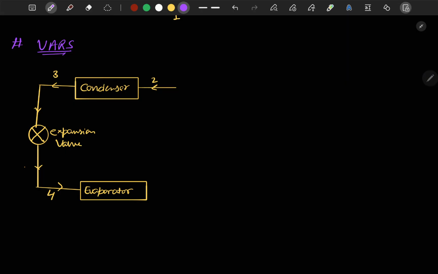Let me draw the new components that are installed. The first one is the generator. Then another part is the absorber. And there is a throttling device, a pressure reducing valve, used here.